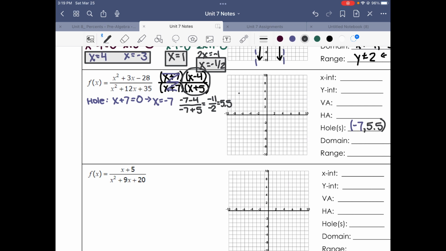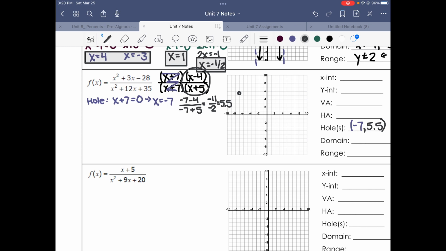So instead of drawing a point, I need to draw an open circle like this. Now it acts just like a point on the graph, but instead of being an actual closed circle point, it's a hole where we have found an x value that wouldn't work in the original problem before we crossed off the x plus 7s. So it only happens if you end up changing the equation by crossing something out.